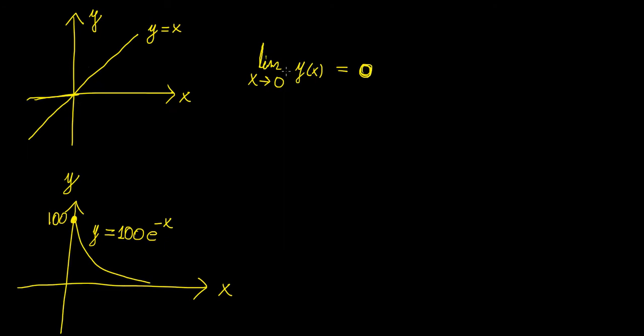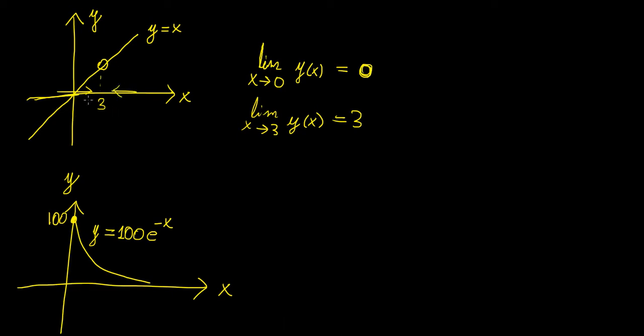Now, if I were to ask you what is the limit of this function as x approaches something like 3, then all you would need to do is write limit as x approaches 3 of the function y of x, and then you would get the value of 3. Now, of course, this means that you can approach this value by pretty much any side. So you can come from this side, for example, or you can approach it from the other side.